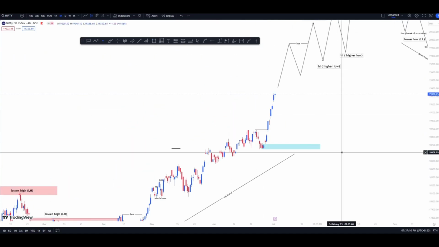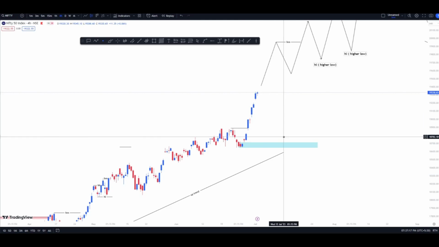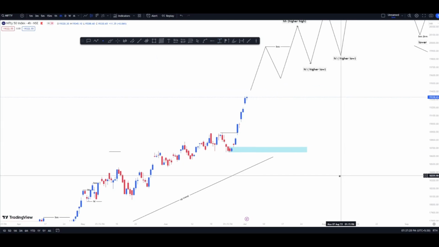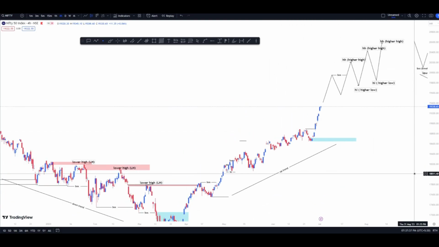Yes, no. Yes. So are we too far from our demand zone? Way too far, right? 600 points, 3%. Correct. So to fill this huge gap, what will price do? Price will give us a healthy correction.